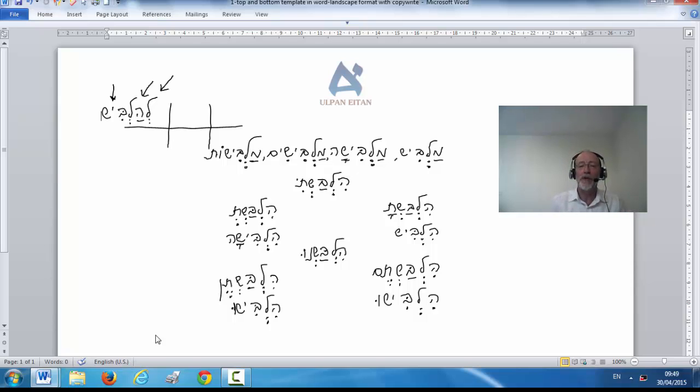So let's read the present tense right to left across the board. Horizontal line. Malbish, malbisha, malbishim, malbishot. And you veterans immediately recognize, wow, underneath the mem, you have a straight line in every case, different from another present tense that we've learned prior in the master plan.